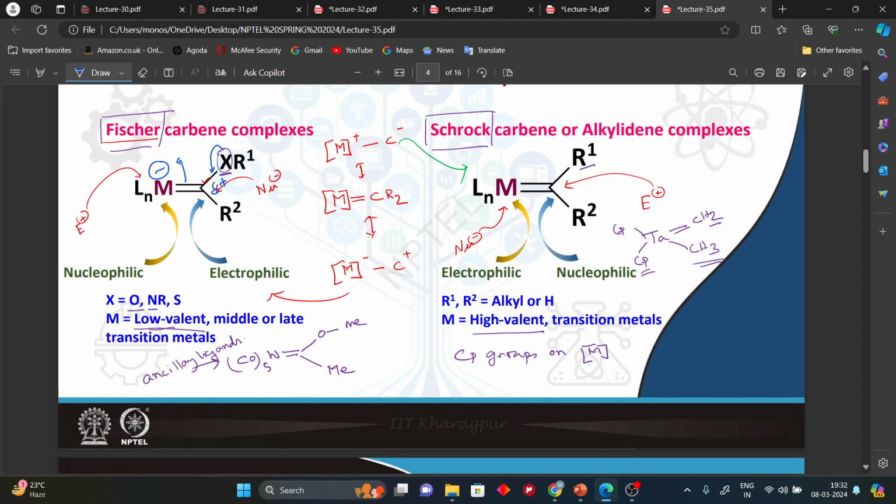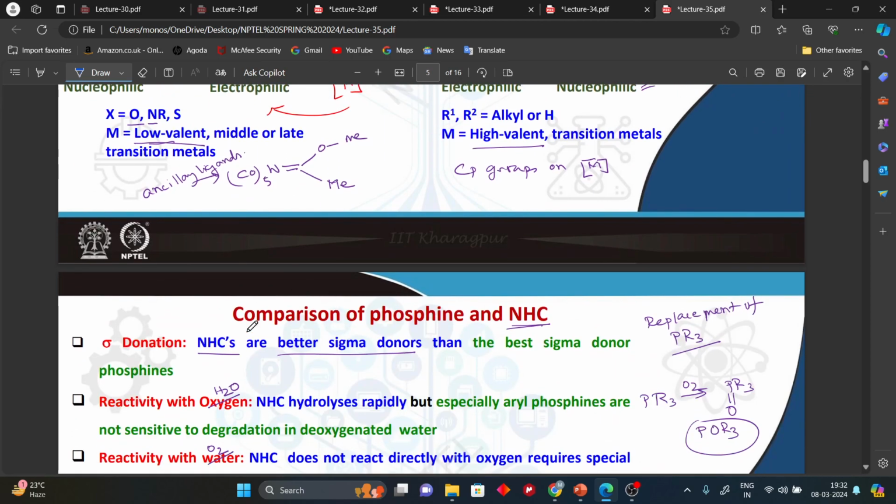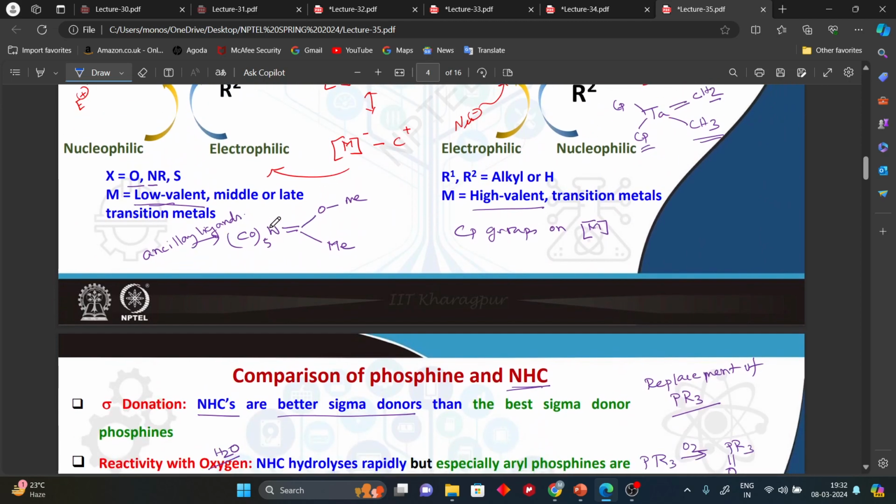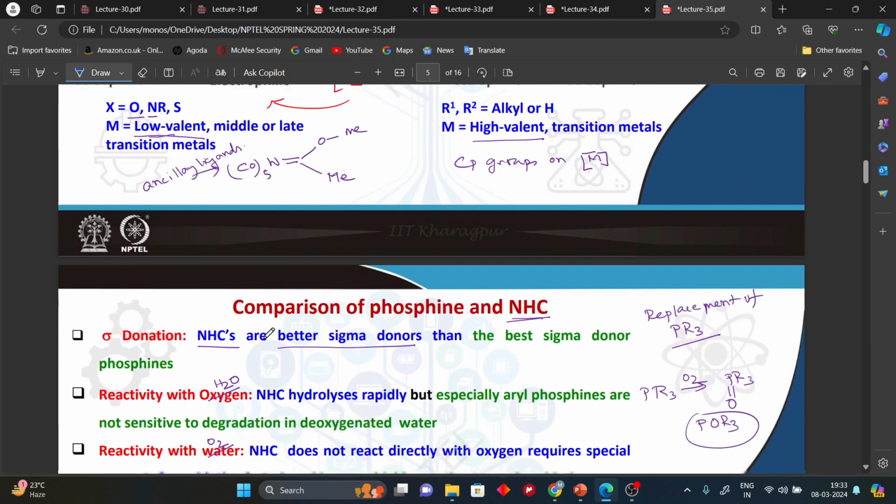For the Schrock cases, the metals are high valent, and they are actually low valence on the Fischer side.